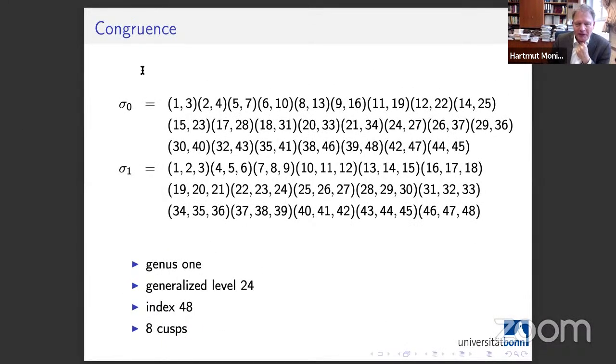If you take these two permutations, you can see that the Riemann surface has genus 1, which corresponds to the subgroup defined by these two permutations. It has a generalized level of 24, index 48, and 8 cusps.